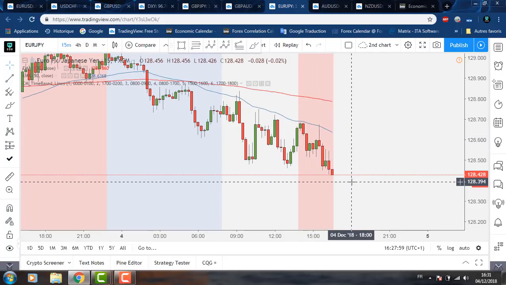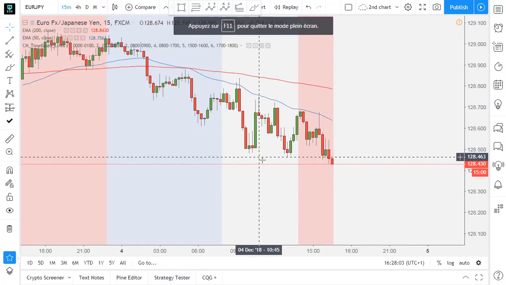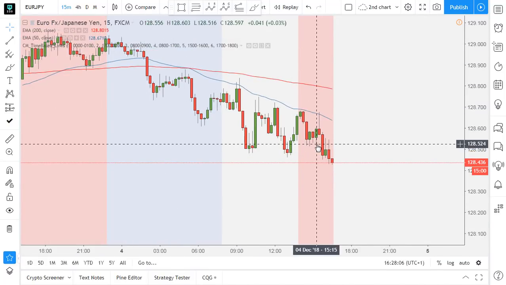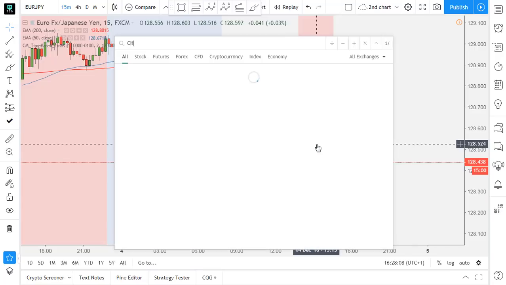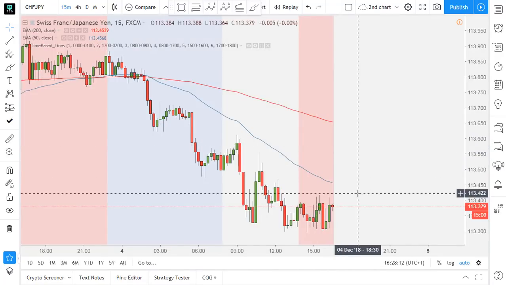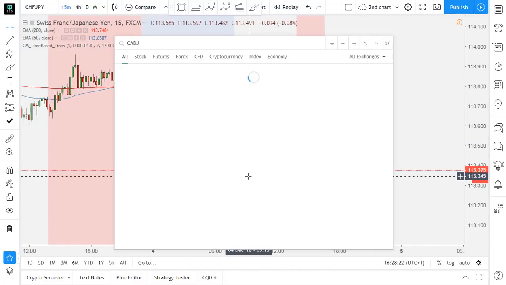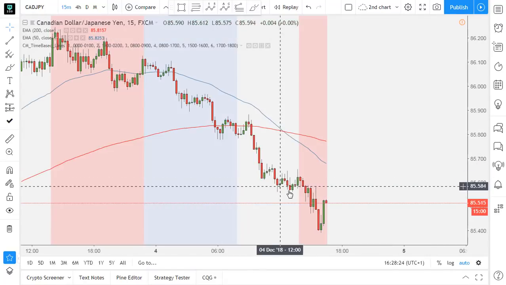This indicates there is some significant strength on the yen. This is what made the euro fall. We can check out all the other pairs as well. Same thing, downtrend on CHF JPY. Let's check out CAD JPY.